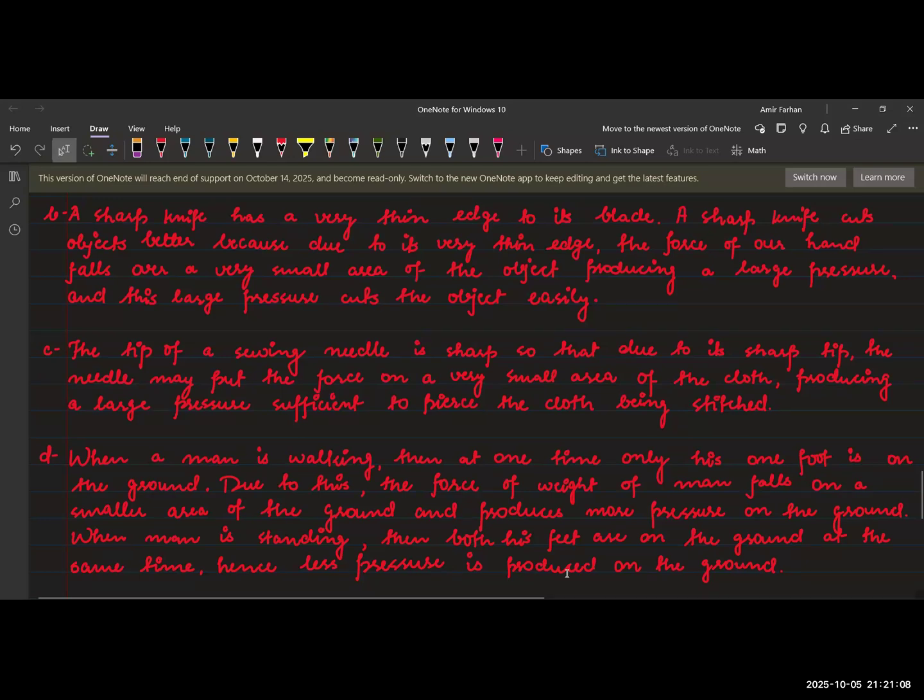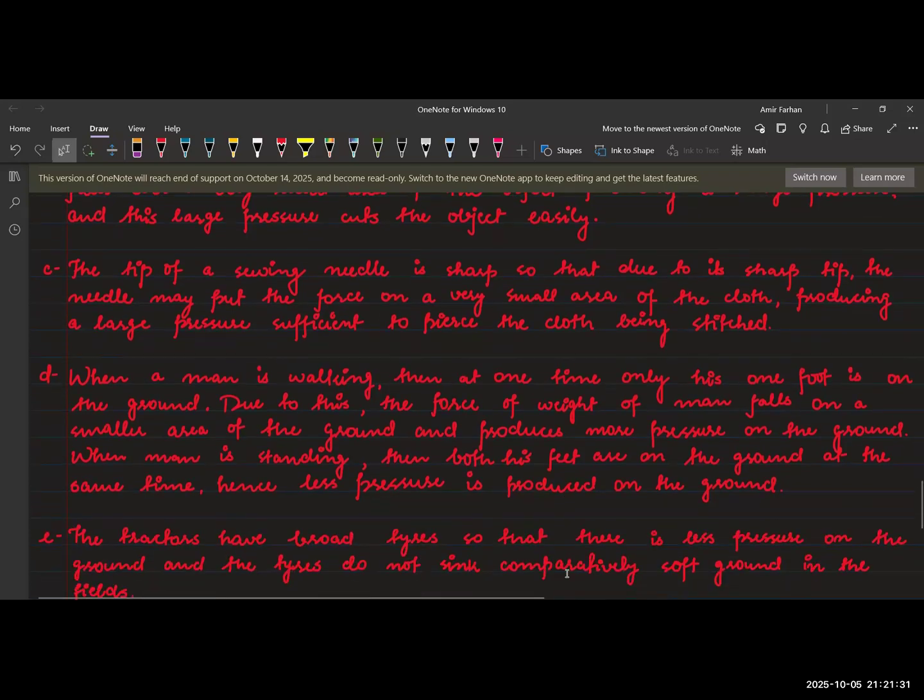But if you stand on a single leg, the pressure is completely on that leg, and hence you will feel more pressure and much more pain. Yes or no, everyone? It's much easier to stand on two feet, but not that easy to stand on a single leg. Yes.